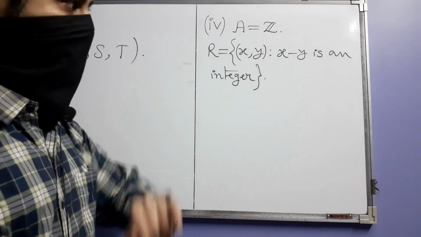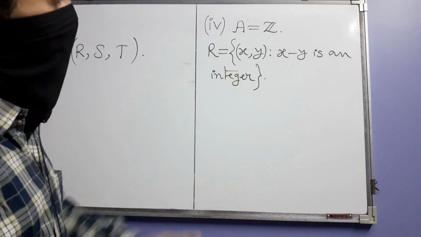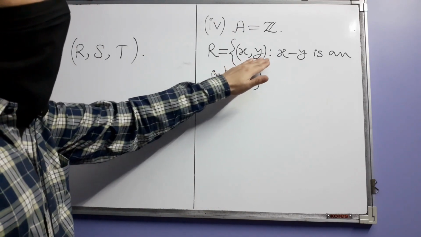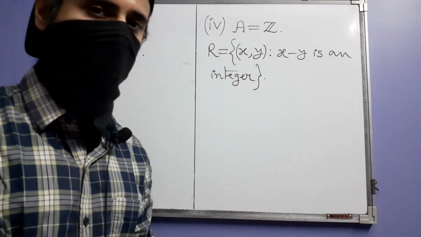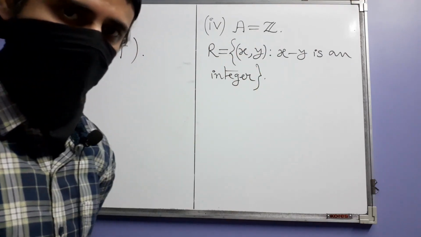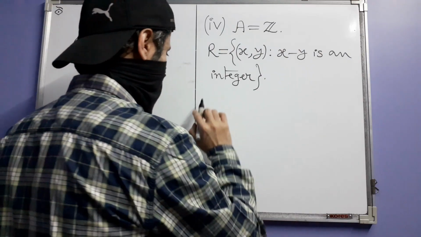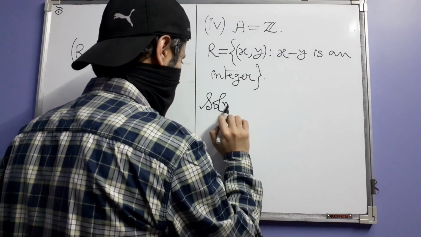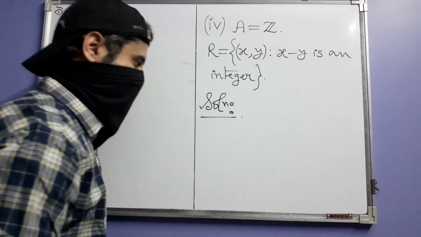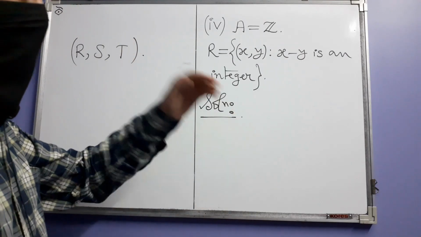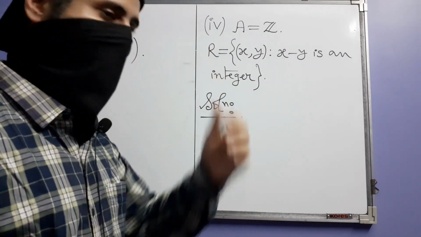The set is the set of integers and this is the relation. It relates the integer x to the integer y if x minus y is an integer. Now it's a very general relation. I say general because it's the largest possible relation in this case.